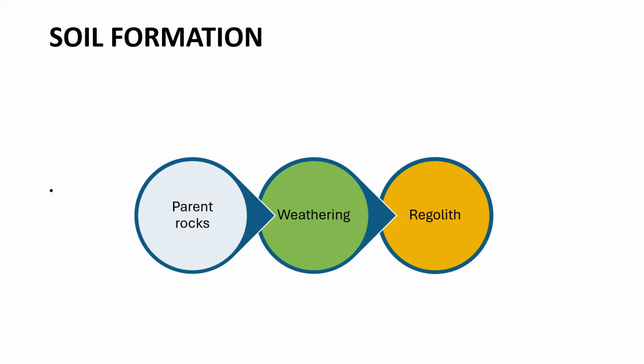The physical and chemical weathering continues their action on the soil parent material, accompanied by biological agencies in the form of microorganisms acting on the decaying organic matter.